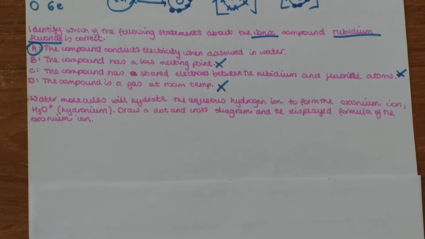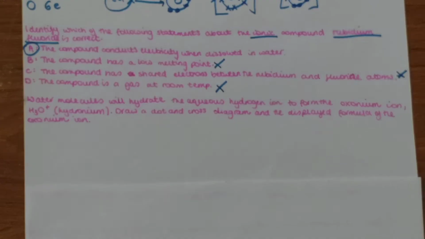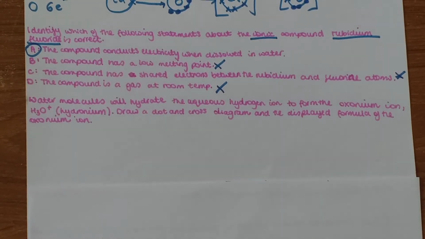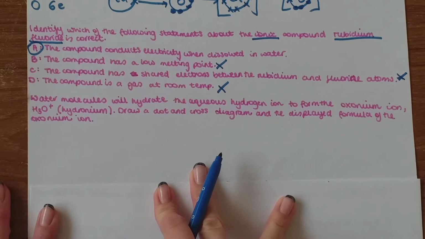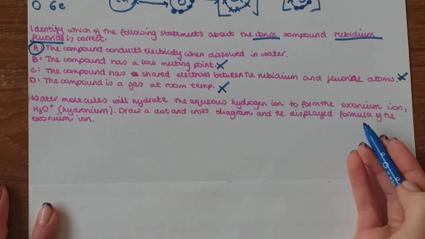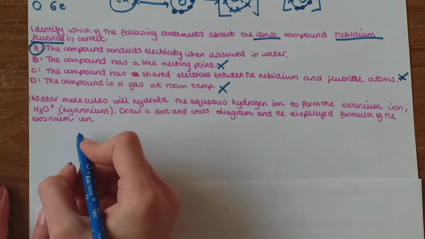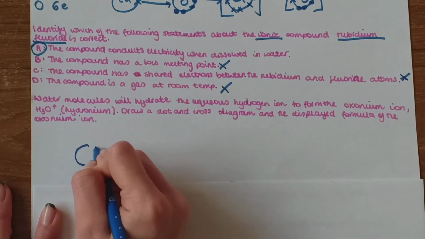And here's our next question. Water molecules will hydrate the aqueous hydrogen ion to form the oxonium ion, H3O+, hydronium. Draw now the cross diagram and the displayed formula of the oxonium ion. So at the beginning, we have a water molecule.